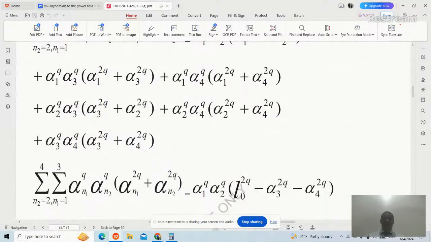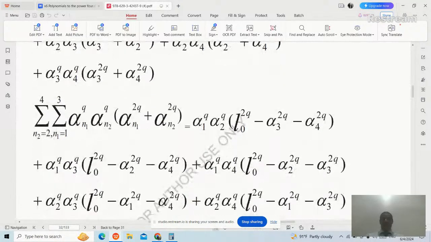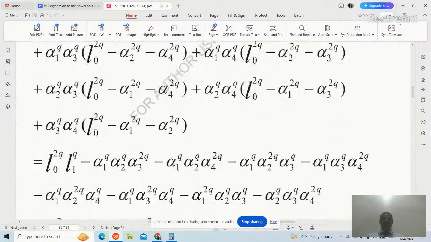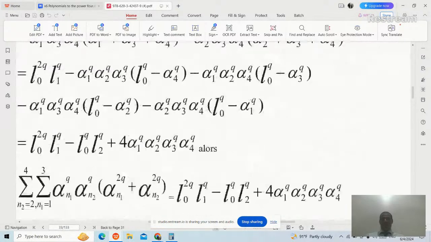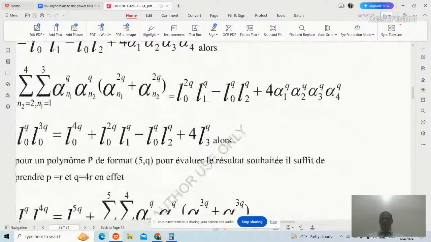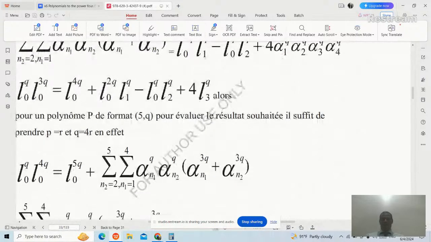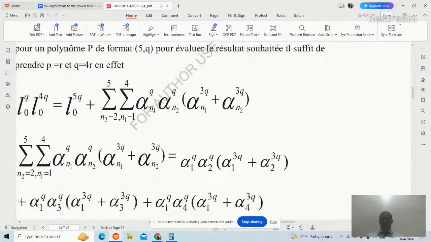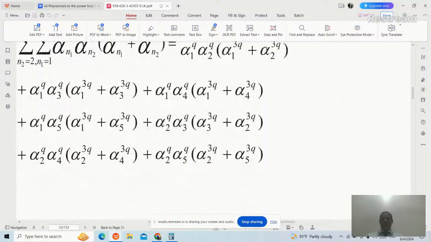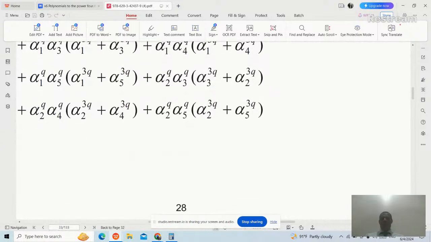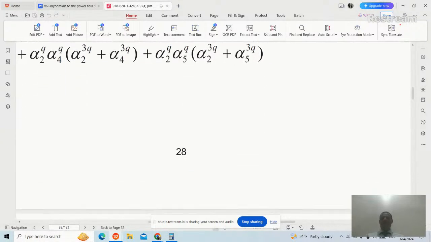These are my methods for solving polynomials to the power n. How does it come here, learners? There is a theorem. To demonstrate this theorem, I needed more than 40 pages.